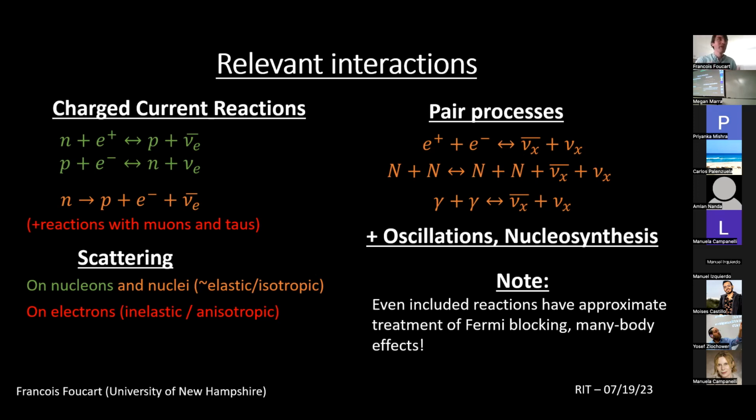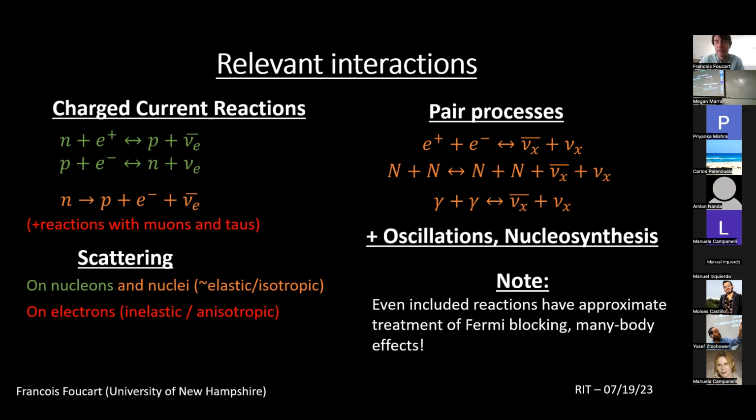The calculation of the rates is not necessarily much harder, but the storage of those interaction rates and using them in simulations is a lot more expensive than if you just include elastic scattering. So right now, most simulations do not include scattering on electrons, even though those events might be important for the thermalization of the neutrinos with the fluid, especially again for the muon and tau neutrinos, for which we do not include the charge current reactions.